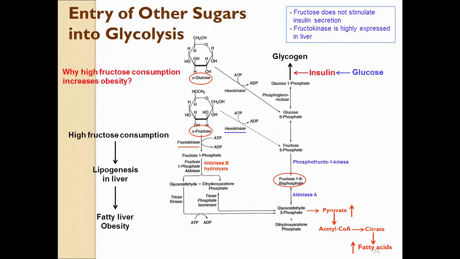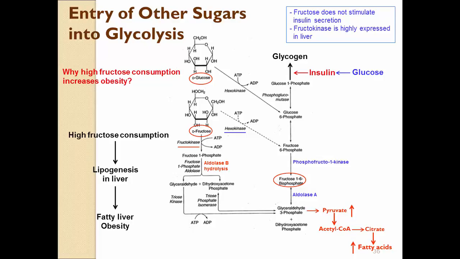The second reason is that fructose does not stimulate insulin release, so the glycogen synthesis pathway is also blocked. The fructose 6-phosphate generated from fructose cannot go down the pathway for glycogen synthesis, so it is all pushed toward pyruvate synthesis and converted to fatty acids.